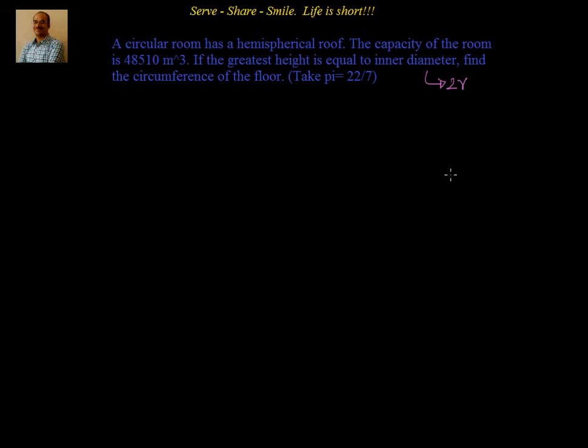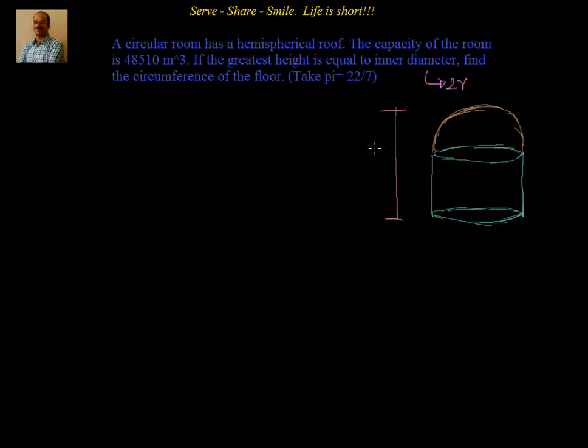I'll try my best to keep it simple. Roughly this is how the figure looks. We have a circular room with a hemispherical roof, the greatest height is equal to 2 times the radius, and we have a hemisphere and a cylinder.